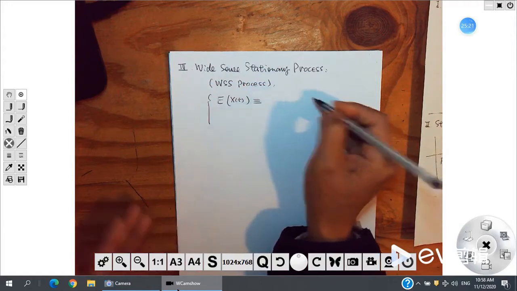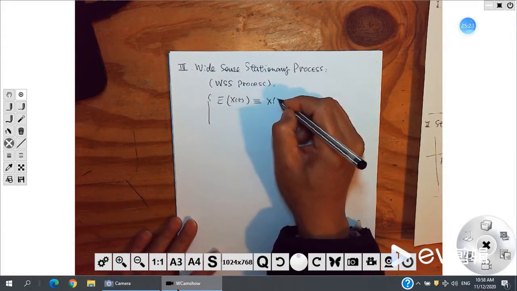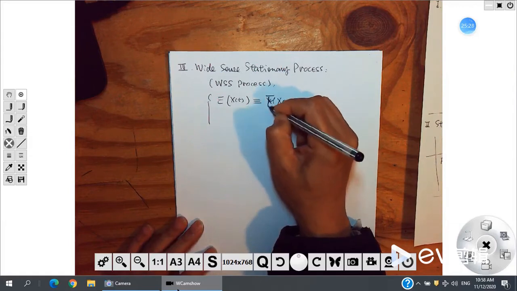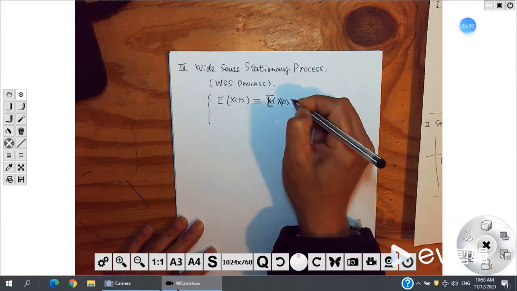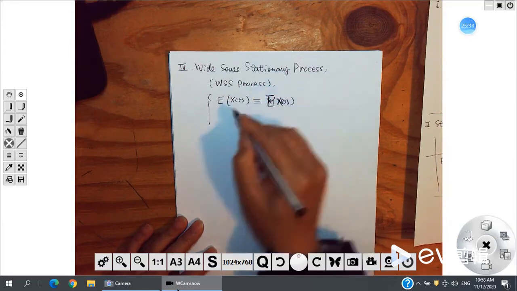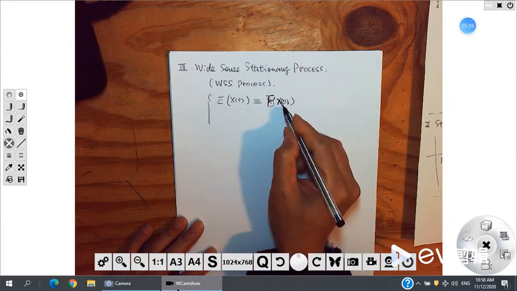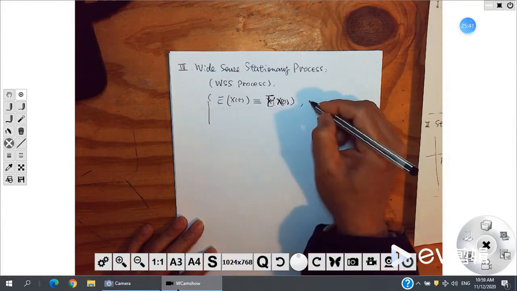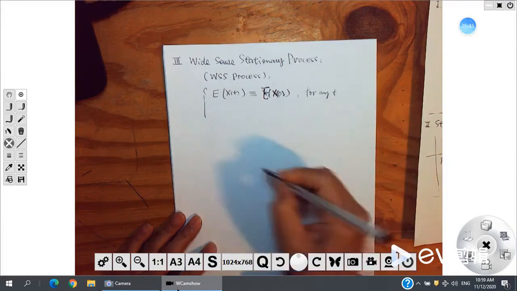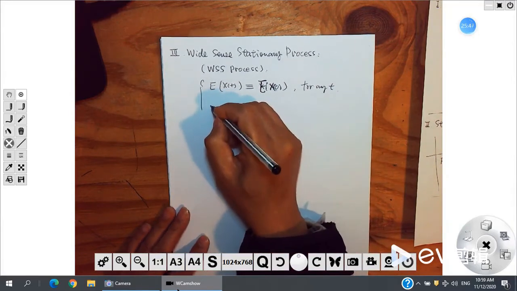So suppose all of them equal each other, so they equal the one at t equal to 0. When t is 0, X of 0, you check the mean. Then all the rest have the same mean as the time 0 variable for any t.